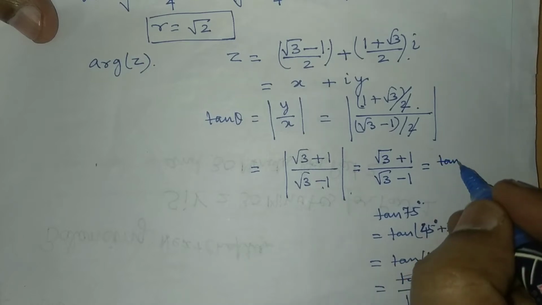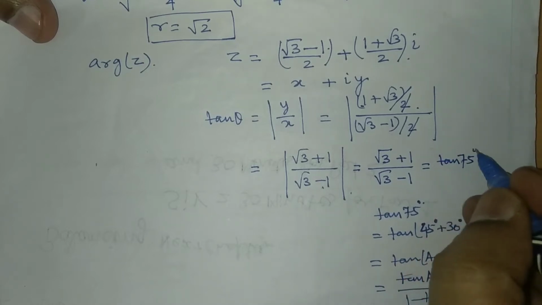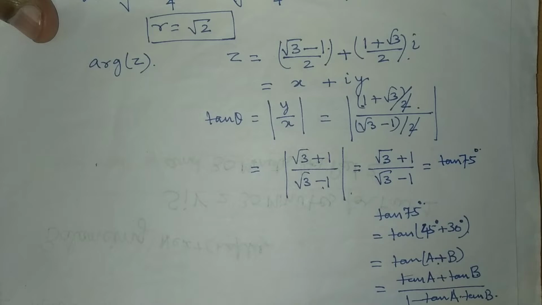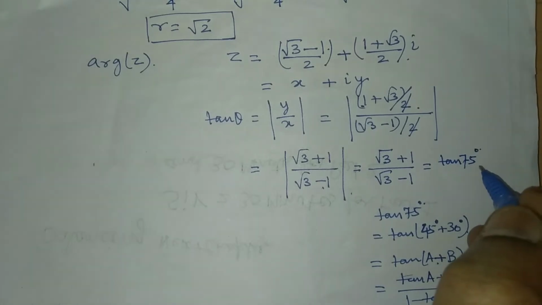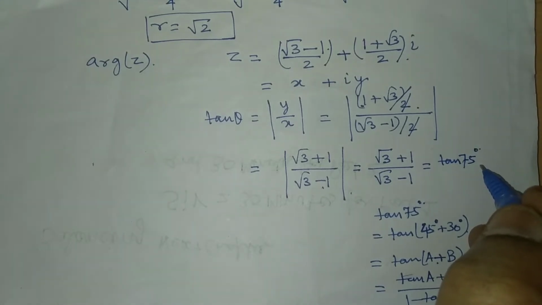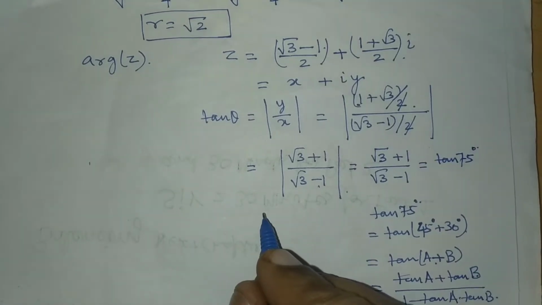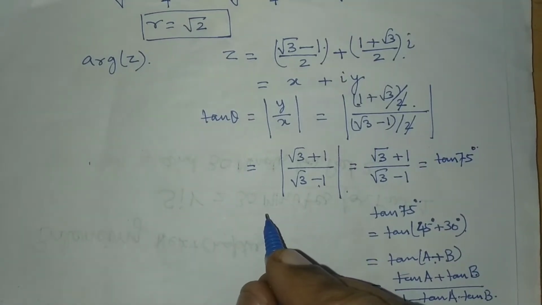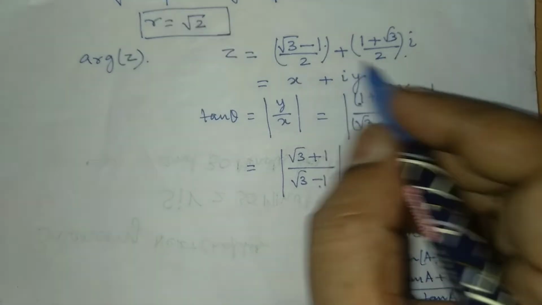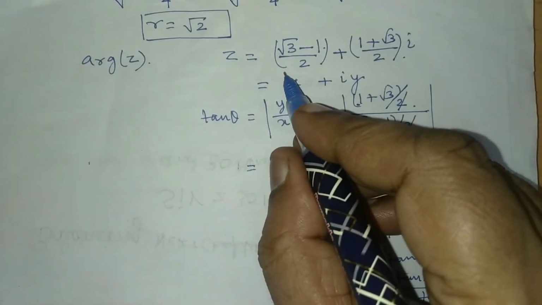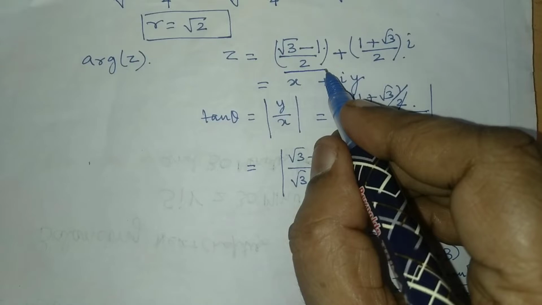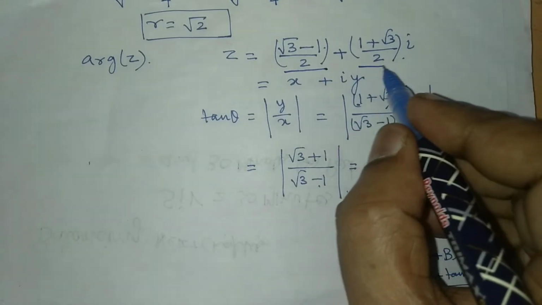This can be written as tan 75 degree. So tan 75 degree means theta is what? An acute angle. And we see that for the complex number here, x is positive and y is also positive.